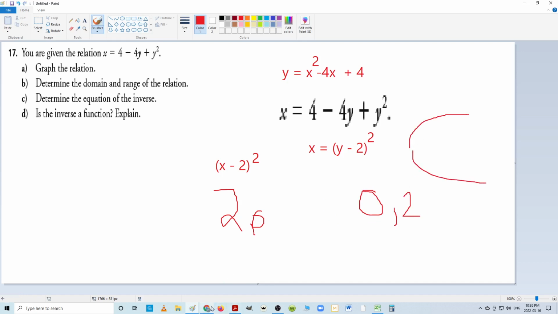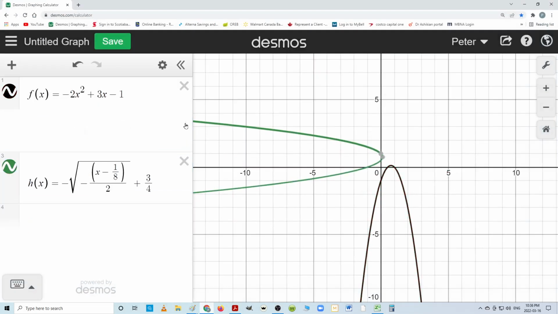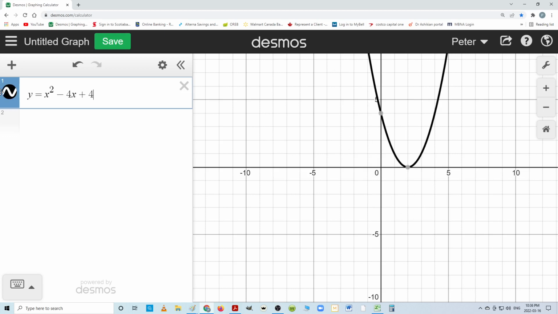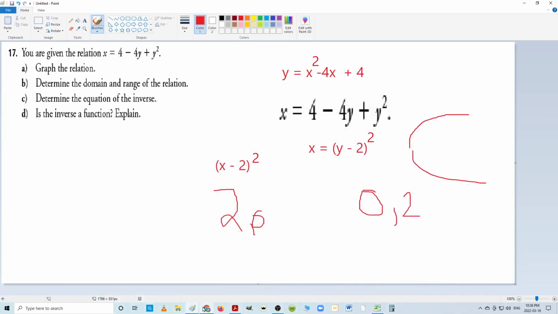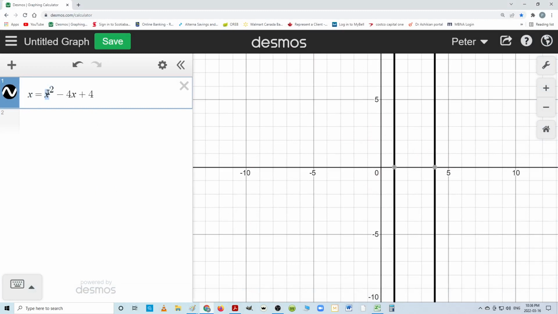To prove this, it's much easier to pull up Desmos and write the perfect square like that, which I believe is the thing we had, and then simply swap the x and the y's.